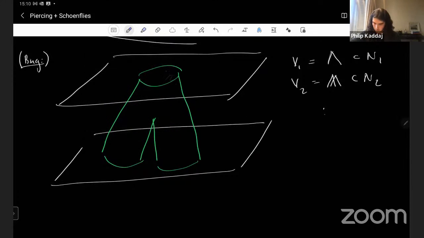So the second stage looks like this. And then again, we take N2 to be tubular neighborhoods which lie inside of N1.